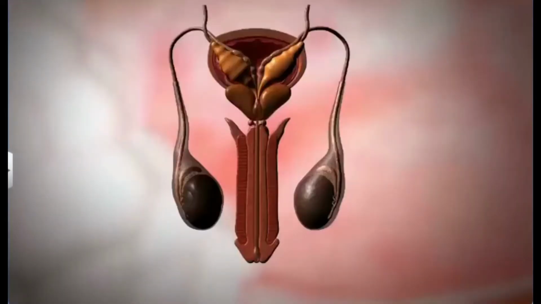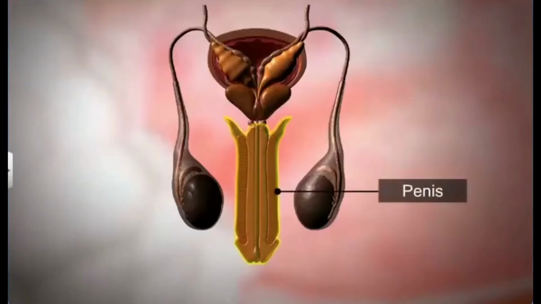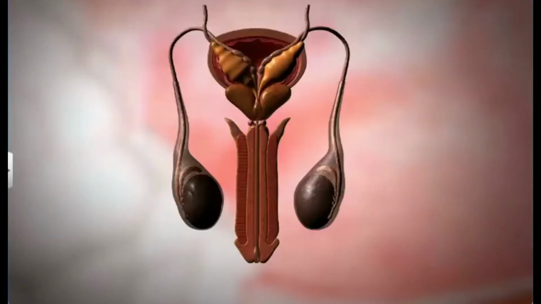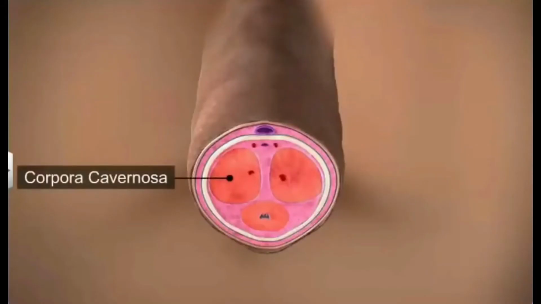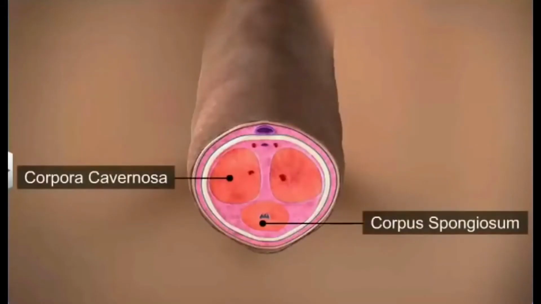The external genitalia in males is called the penis. The penis is the copulatory organ and is covered by a loose sheath of skin. The skin that hangs over the tip of the penis is known as prepuce or foreskin. It is made up of special tissues like corpora cavernosa and corpus spongiosum.